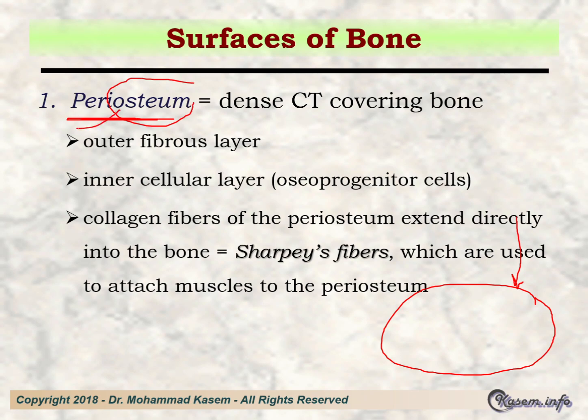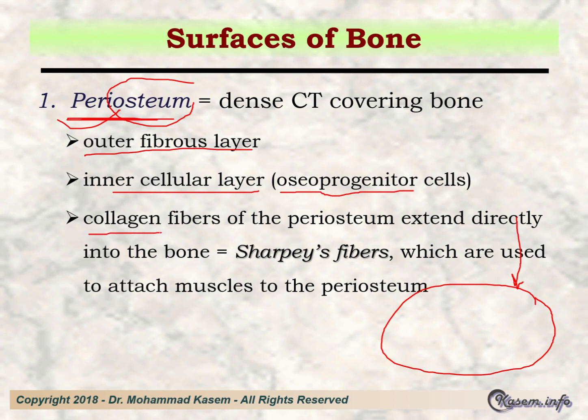The periosteum is the membrane lining the bones. Similar to the perichondrium, if you remember, it has an outer fibrous layer and an inner cellular layer. But here they contain osteoprogenitor cells.